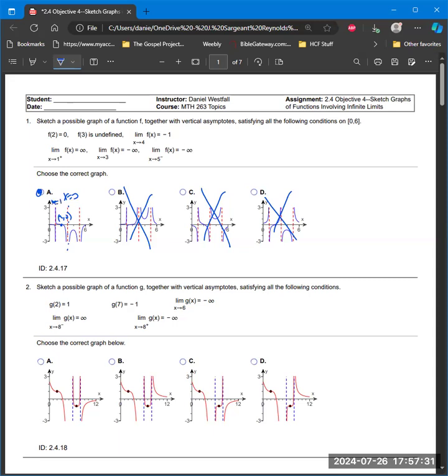This is x equals 1. And this is x equals 5 for those asymptotes. We have, as I get close to 4, we are getting to -1. So that's this high point right here of that little region between the asymptotes there.